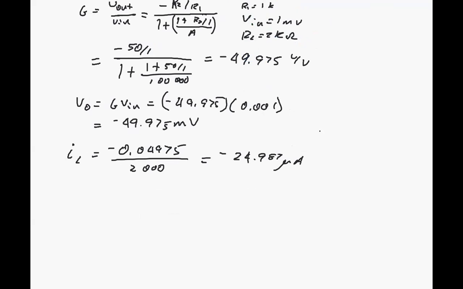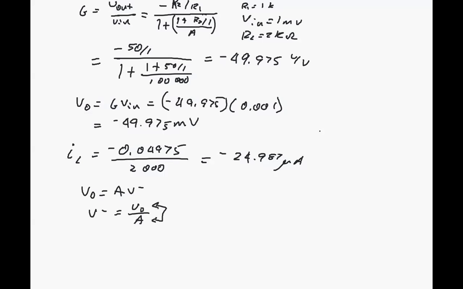And we could now find the value of V minus, because V out is equal to A times V minus. If it was ideal, it would be exactly 0, but it's not. It's awfully close though. So we can solve for V minus. That's V out over A, because these are the two things we know, right?